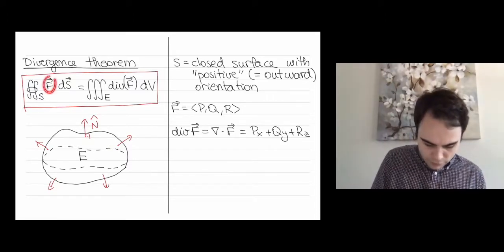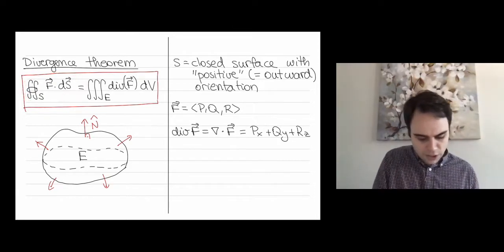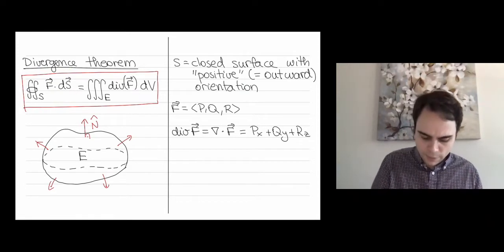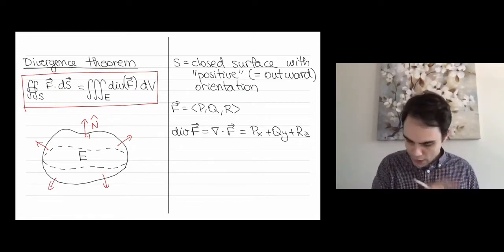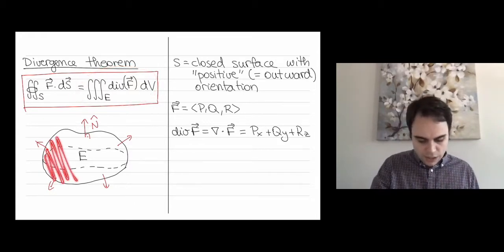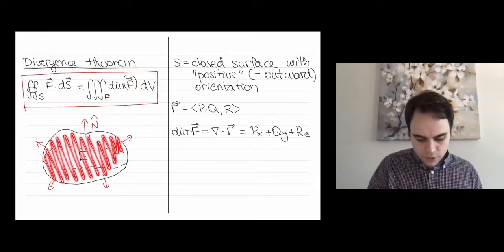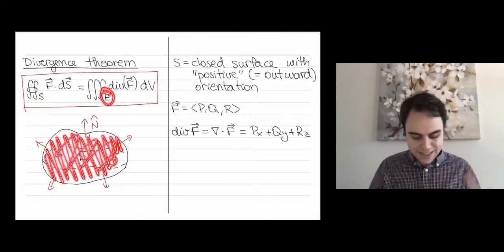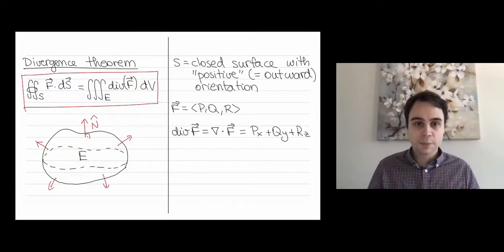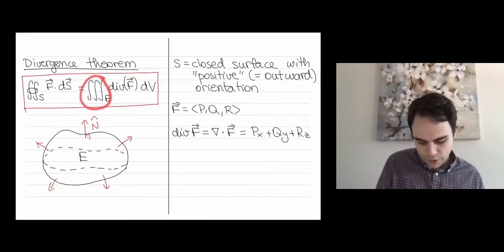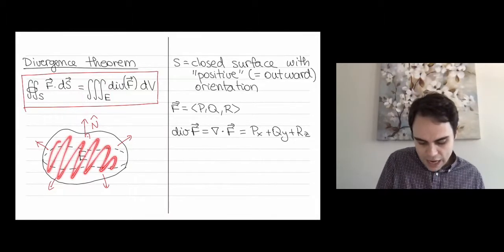The flux of any vector field through any closed surface, with the outward orientation, is always equal to something that's happening in the 3D region inside the surface. Here E is this solid region bounded by S.